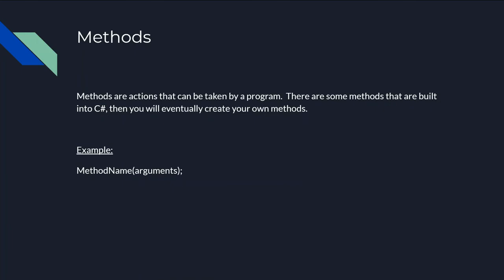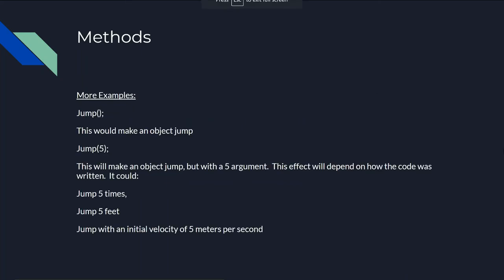So this is MethodName, and then in parentheses, any arguments that we might have. The method name would be the action that you take, and the arguments are kind of details about how to do something. So if we're looking at code and we see something that starts with a capital letter and then has parentheses after it, we know that it's a method, which means it's some kind of action that's being taken.